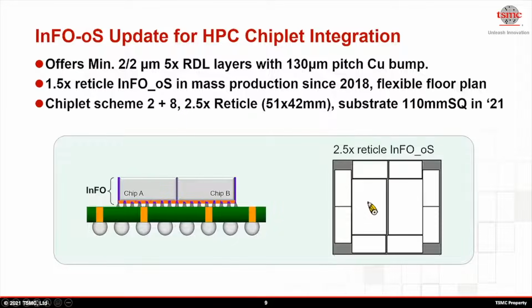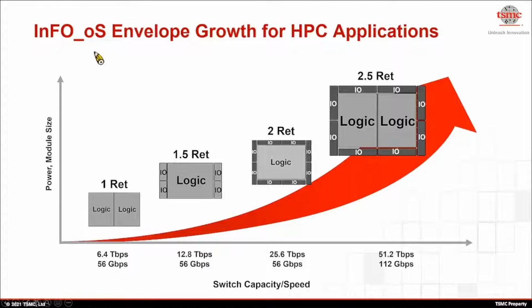This will be available this year. As you can see in this slide, we can grow the InFO-OS envelope fairly quickly to enable high performance needed by HPC. This again is achieved by leveraging our many years of experience on InFO development and manufacturing.